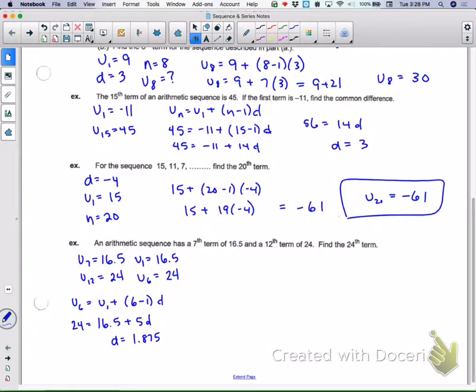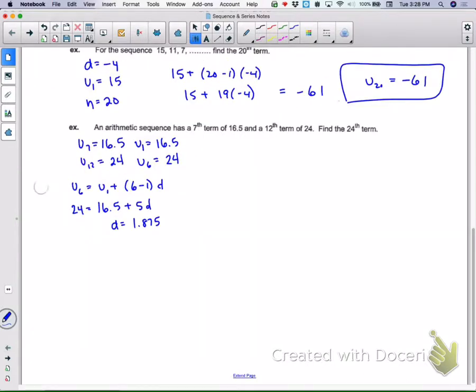Now, I can go backwards to find my first term. By going back to that original equation, but this time let's actually plug in a for real u sub 7 or u sub 12. It doesn't really matter which one that you do. So let's say u sub 7 is u sub 1 plus 7 minus 1 times d, which I can go ahead and put that in there. u sub 7 was 16.5.